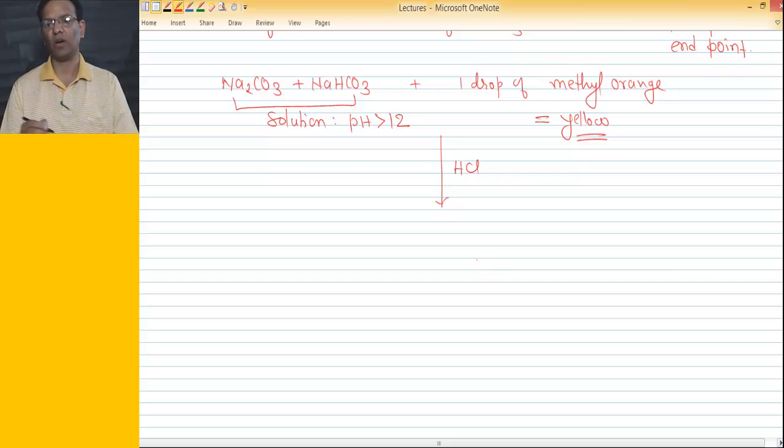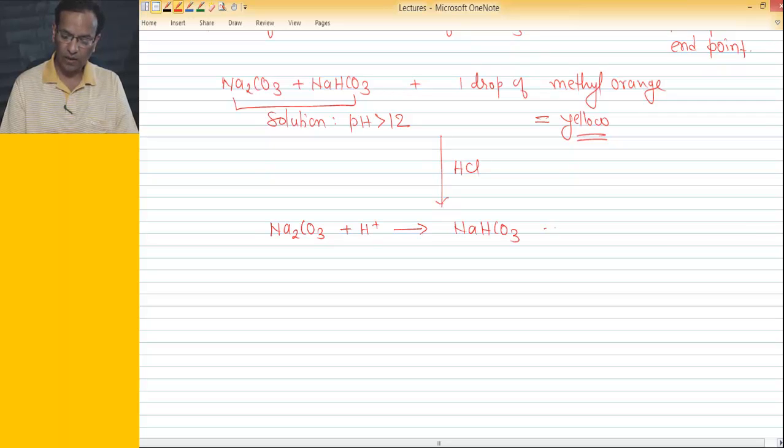Once again sodium carbonate will be neutralized first into sodium bicarbonate. So sodium carbonate Na2CO3 will first neutralize into sodium bicarbonate NaHCO3 and Na plus. The instant at which the entire carbonate is converted into sodium bicarbonate, the pH is still greater than 7.